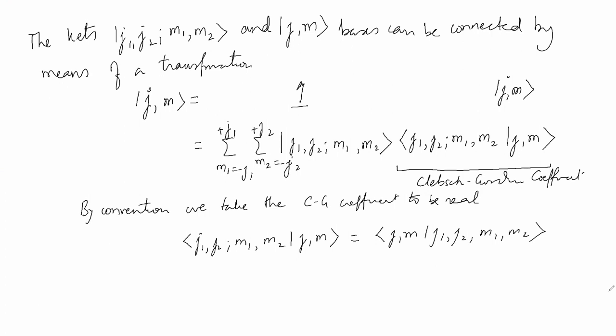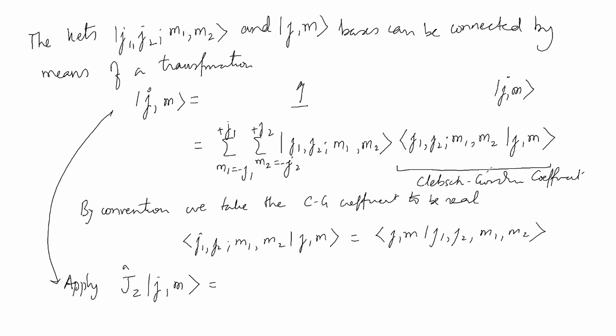Now you see, J corresponds to the total angular momentum capital J, while J1 and J2 correspond to the two angular momenta. If I come back to this and apply Jz on ket JM, this is a number on the right hand side.